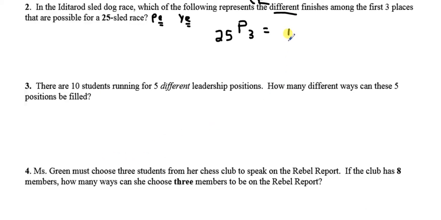So 13,800 ways we can finish this race with 3 different finishes out of 25 people.